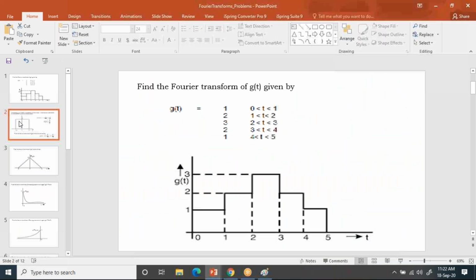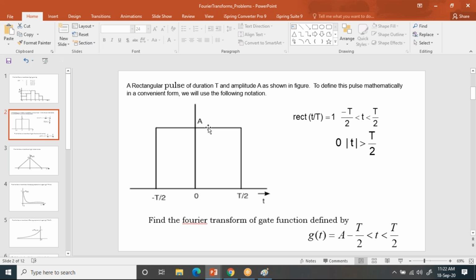Here the Fourier transform of a rectangular pulse of duration T and amplitude A is shown in the figure. Find the Fourier transform of this rectangular pulse. You draw this waveform.